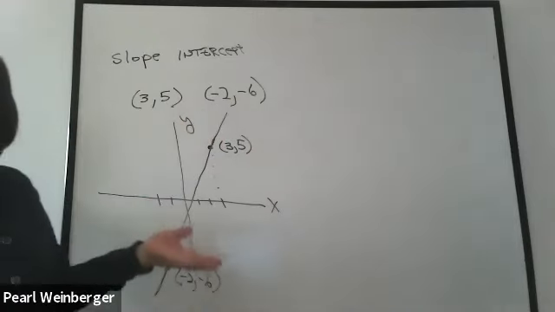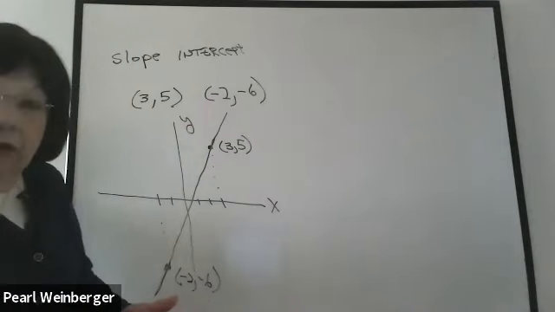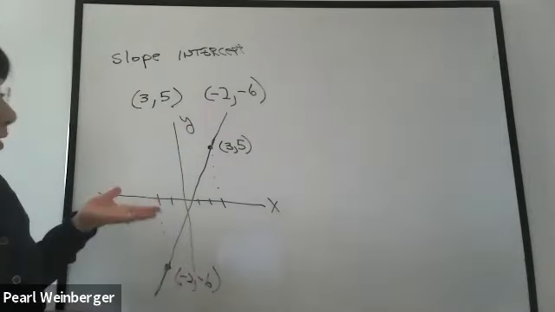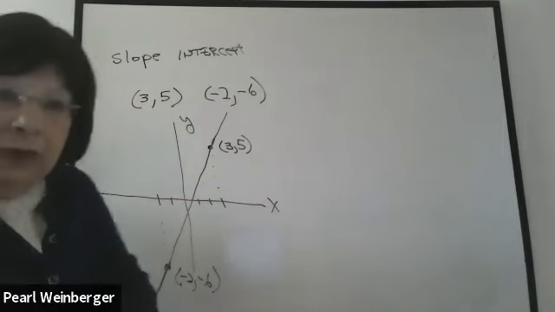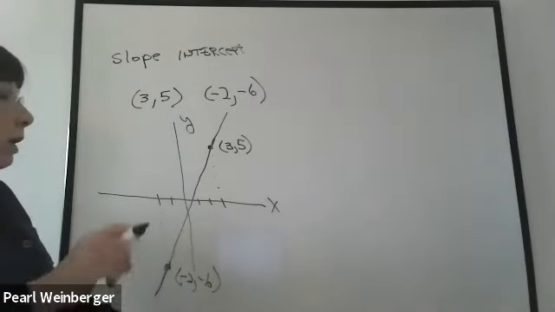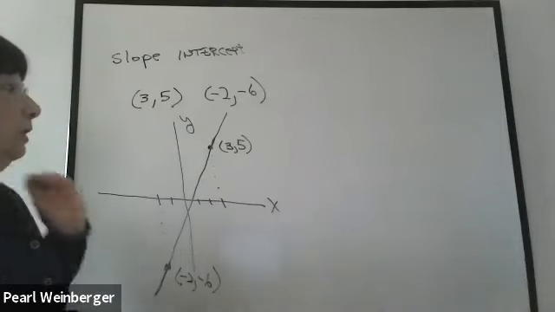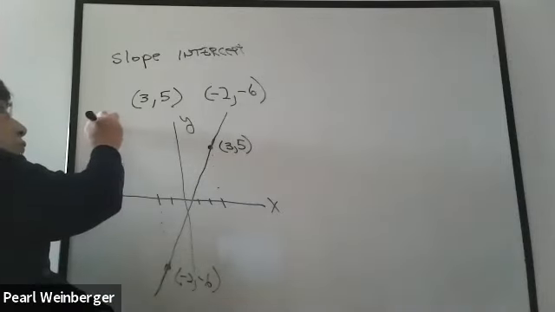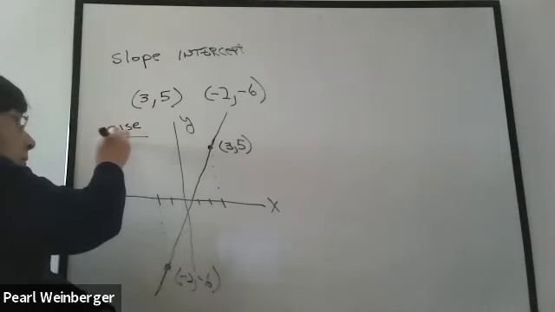I don't know the equation of this line. I don't know the slope of this line. Actually, next time we're going to talk about how to find the equation of the line. But today I'd like to talk about how you find the slope of that line. Now, one way you could do it is by counting points. Because remember, slope is rise over run.